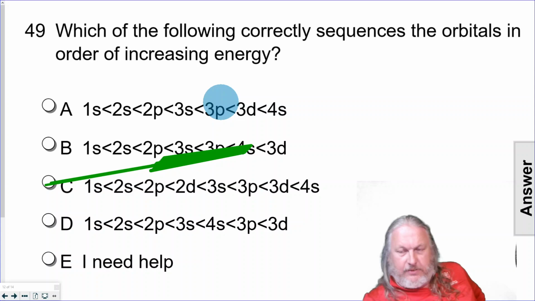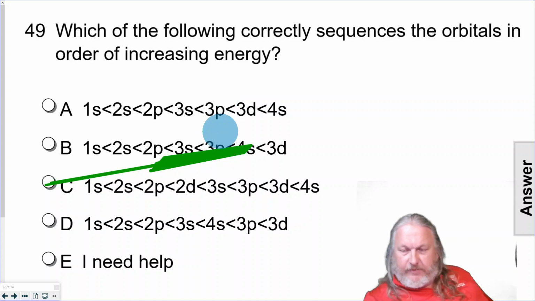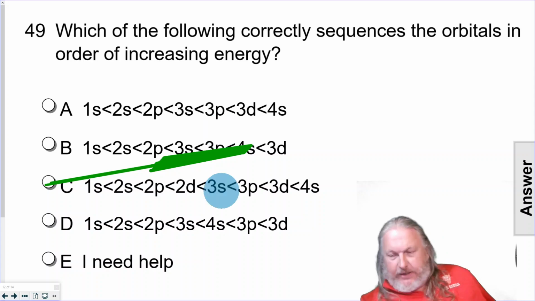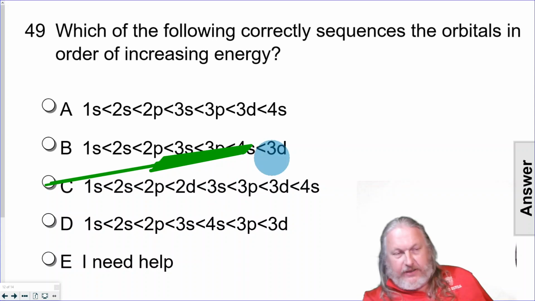So it's going to be 3p after the 3s. Now, if you recall, the 4s actually had less energy than the 3d, so the answer to this is B.